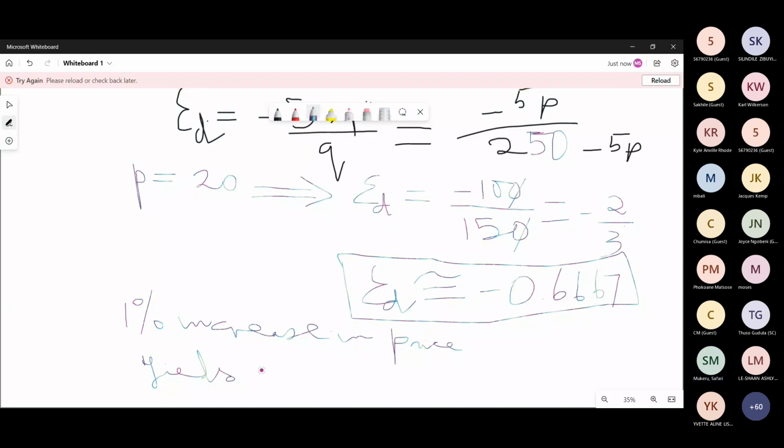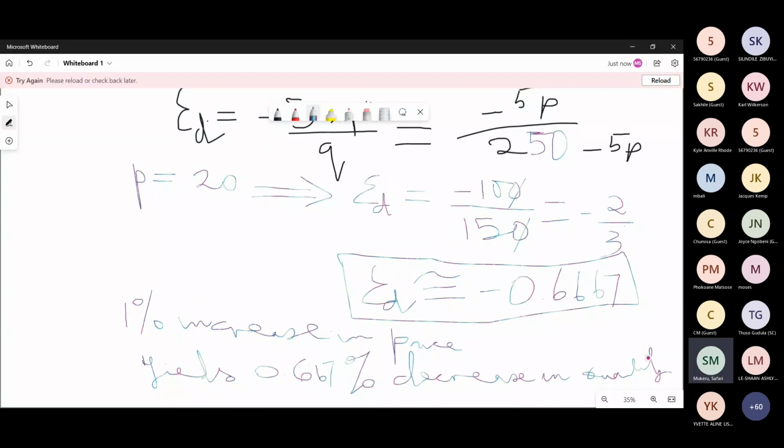It yields 0.667, whatever number take there, percent decrease. I say decrease because of the negative sign there. Decrease in the quantity Q.